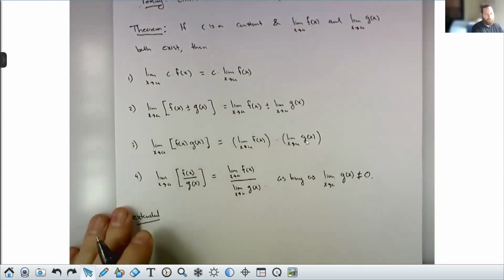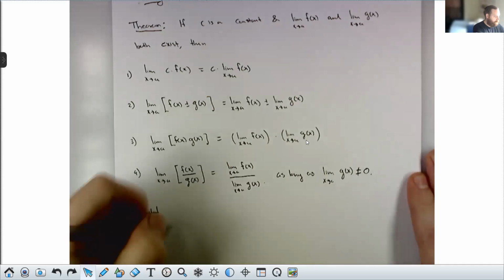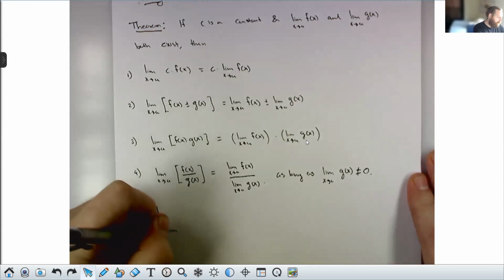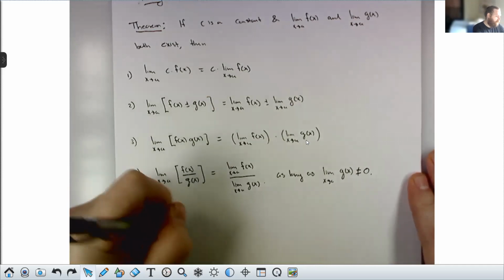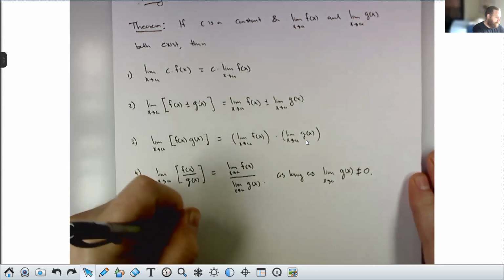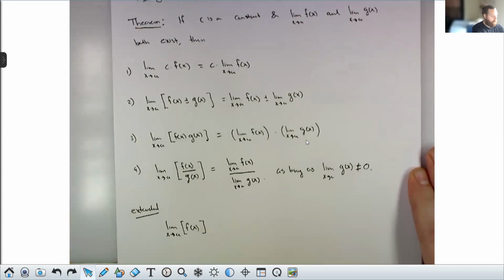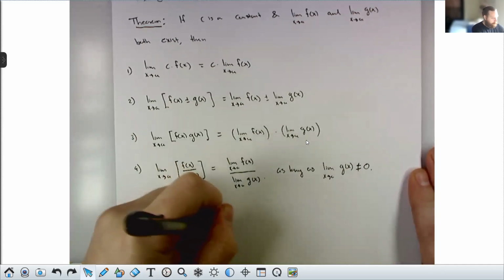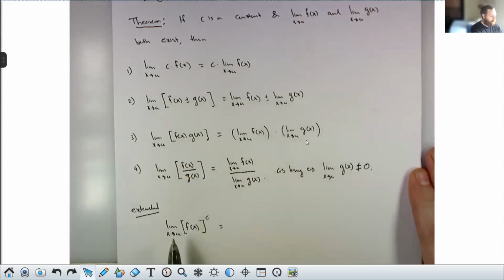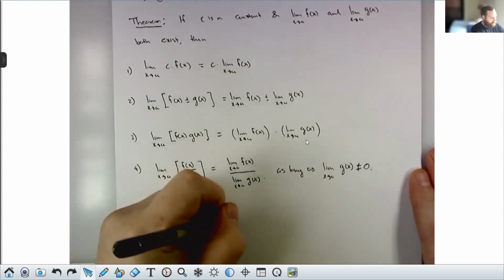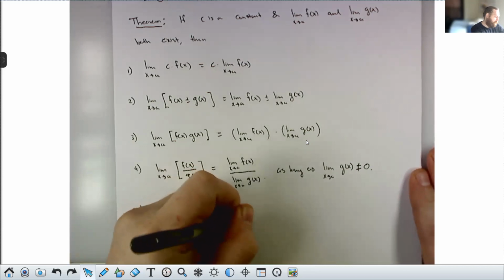a little bit more. We can also say that the limit as x approaches a of f of x, all raised to some constant power c, is the same as what you would get if you took the limit inside and raised the whole thing to the power c.